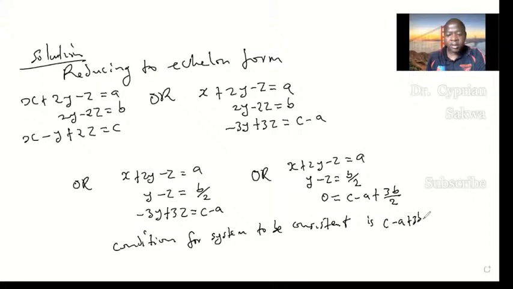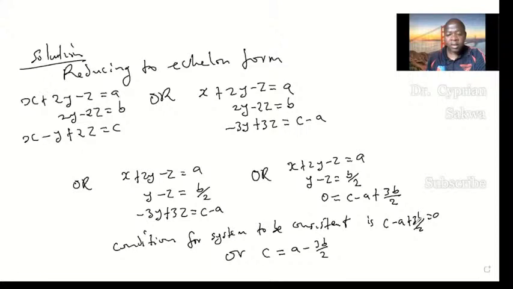Or one would say that c should be the same as (a plus 3b) out of 2, if I take this to the other side of the equal sign. So c equals (a plus 3b) out of 2. This is the condition that should be met by a, b, c so that the system given to us is consistent. So it's either this or this.